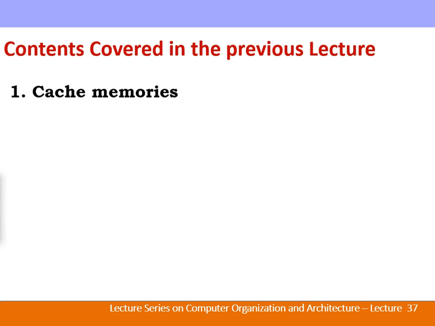The processor performs read as well as write operations. If the data is available in the cache memory, we call it a read hit or write hit. If the data is missing in the cache memory, we call it a read miss or write miss. With respect to write operations, we have two protocols: the write back protocol and the write through protocol. These concepts were discussed in the previous lecture.